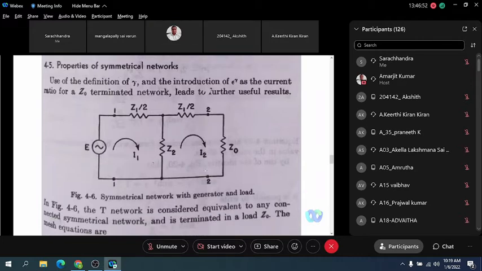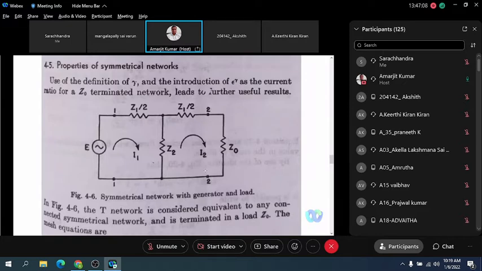So in this symmetrical network, how do we calculate the propagation constant? Characteristic impedance you already know. What is Z naught? Z naught is equal to under root of Z1 Z2 into 1 plus Z1 upon 4 Z2.